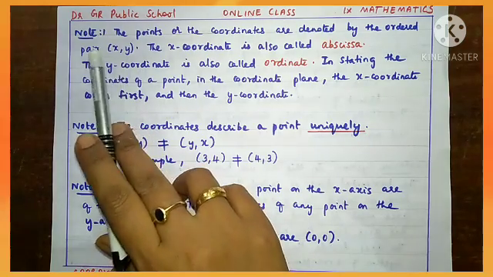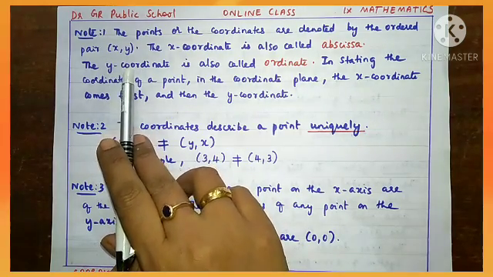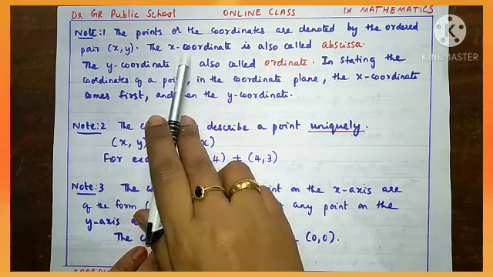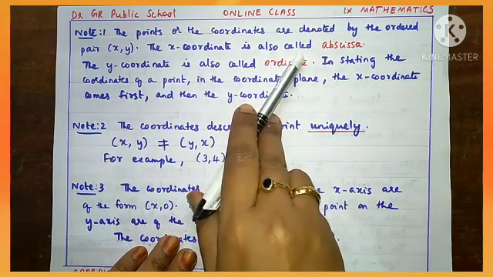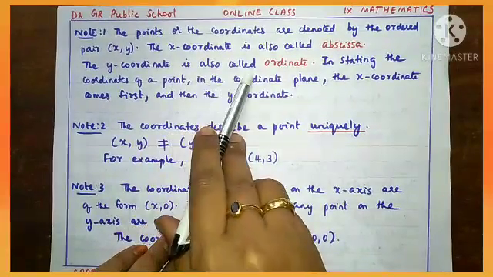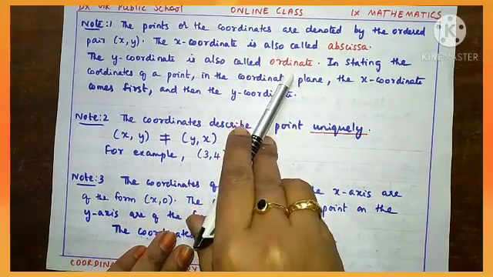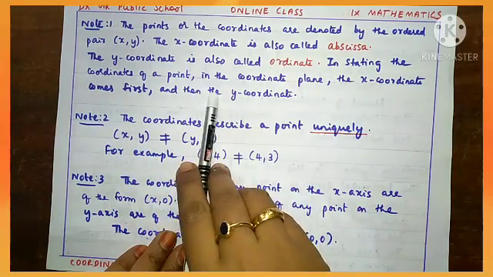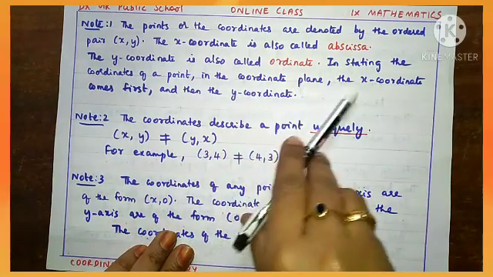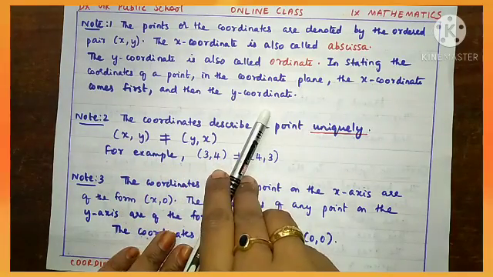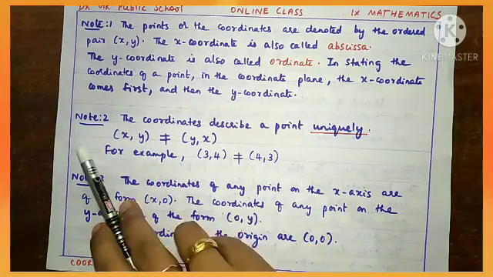First write the x coordinate, then the y coordinate, so that it is an ordered pair. The x coordinate is also called the abscissa, and the y coordinate is also called the ordinate. In stating the coordinates of a point in the coordinate plane, the x coordinate comes first and then the y coordinate.